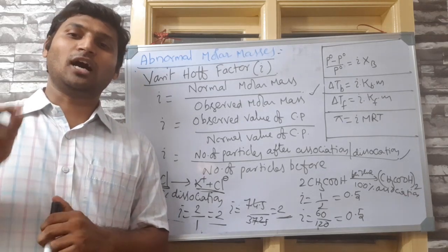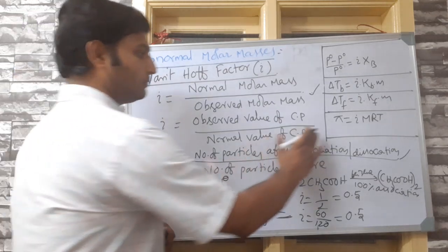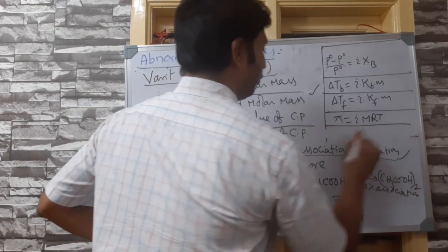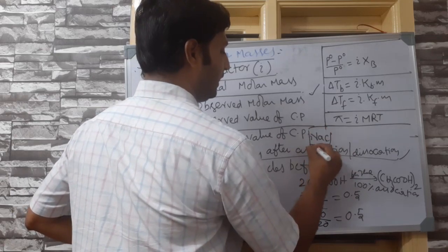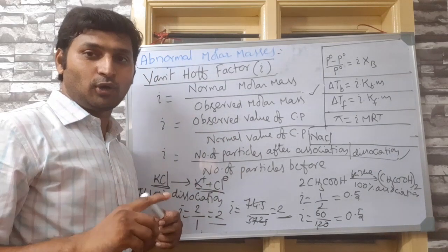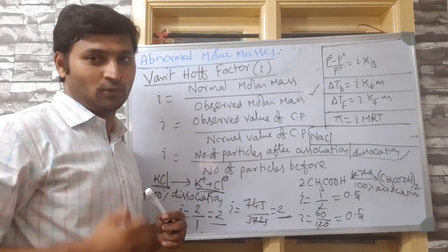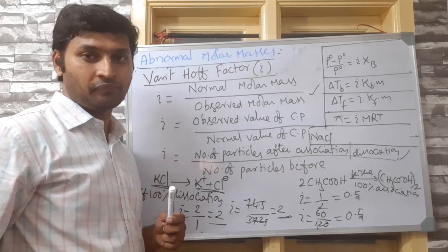I can give you a quick, very interesting experimental instance to understand that. See, sodium chloride, which you know very well dissociates into Na plus and Cl minus, means each mole of sodium chloride in the solution should give 2 moles of particles, 1 mole of cations and 1 mole of anions.